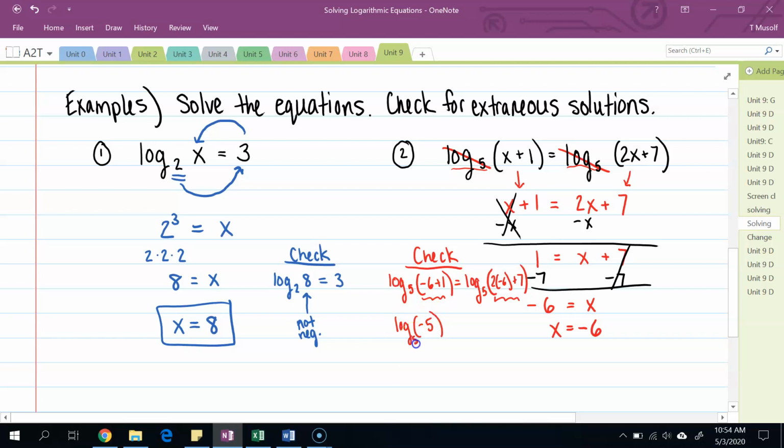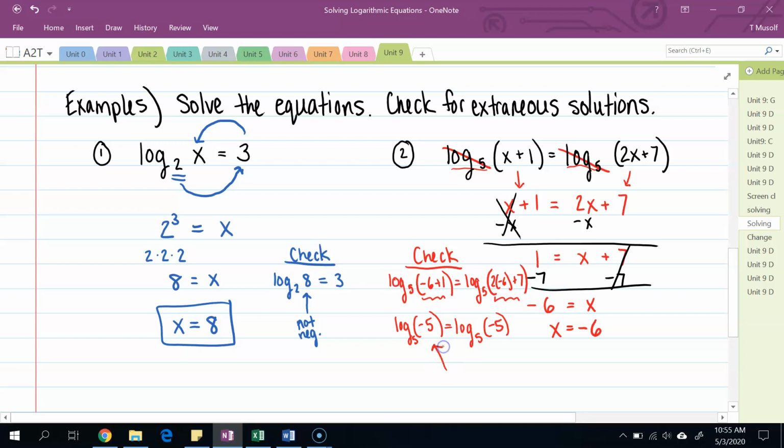The fact that I end up with a negative number here right away tells me that this cannot be an answer. You don't even have to finish. You can see that 2 times negative 6 is negative 12 plus 7 is negative 5. You do end up with the same thing, but because it's a negative inside your log, this answer still wouldn't work.